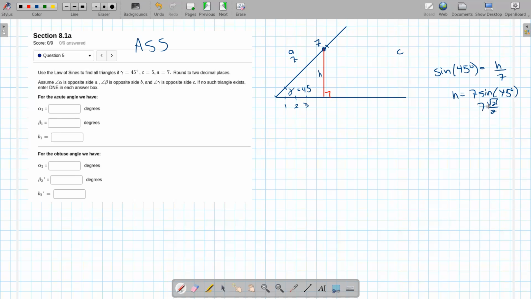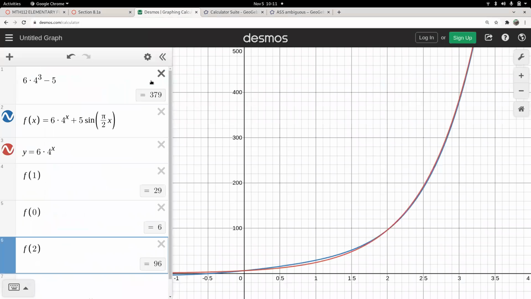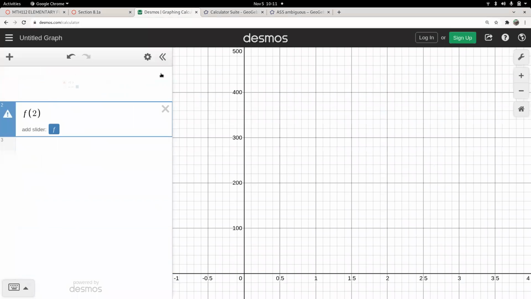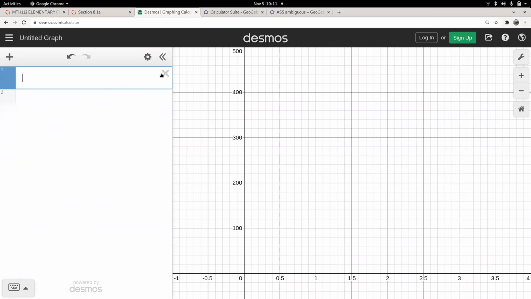And if we check that number on a calculator, 7 times the square root of 2 over 2, I get about 4.9, right? So it's a little less than 5, like I was believing it was.